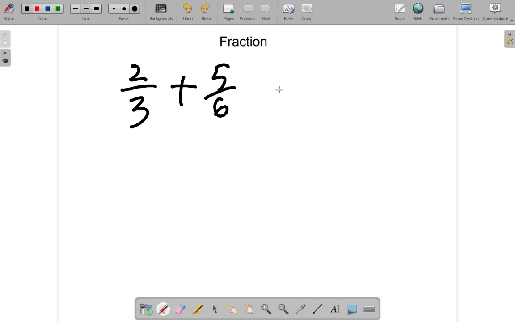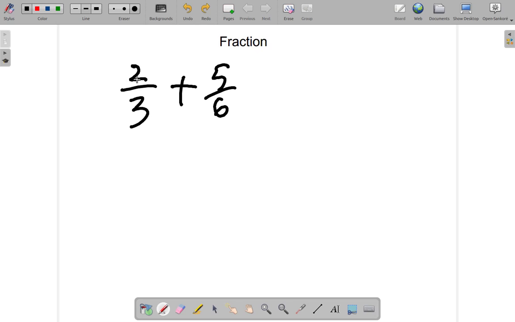One thing you can do is bring all of this to 6, change to a common denominator.